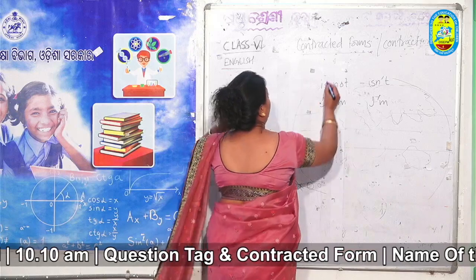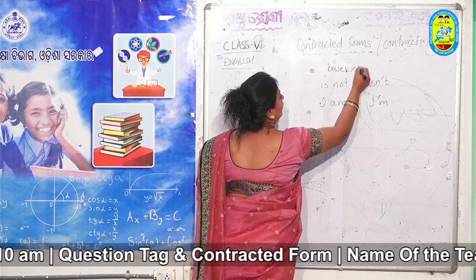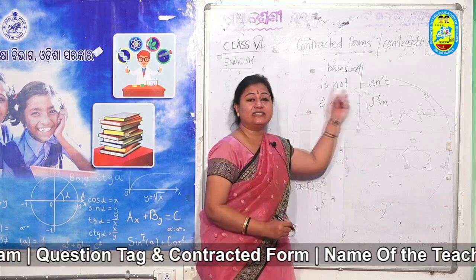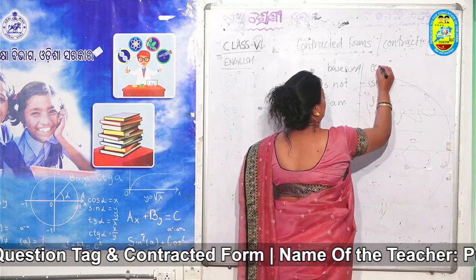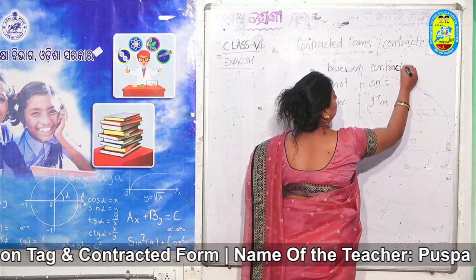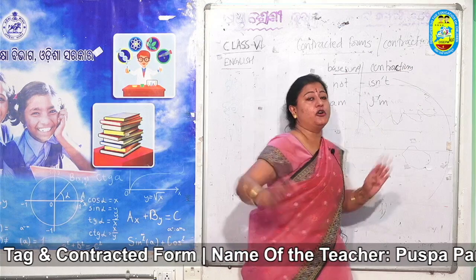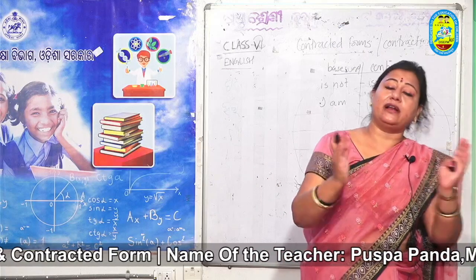There is always a base word which is written in full form, we call it a base word. Is not, are base words, and these are contractions, isn't. So in contracted forms there are base words and there is a contracted form.